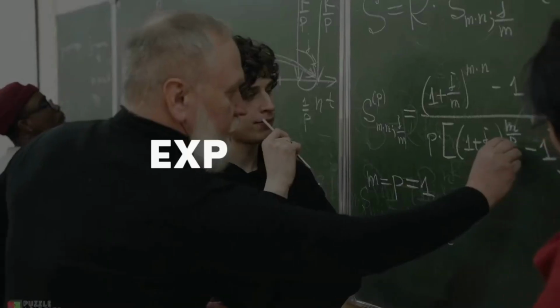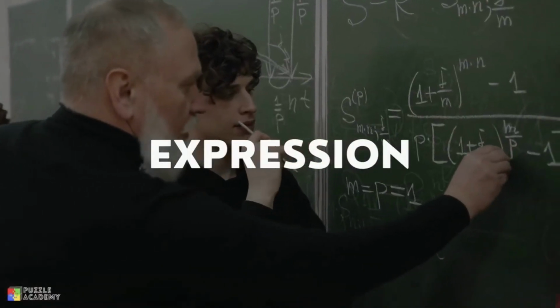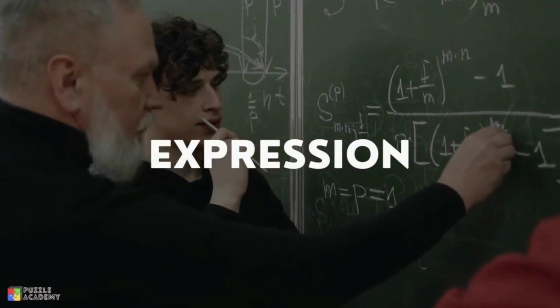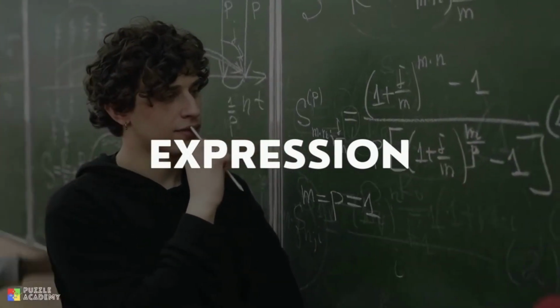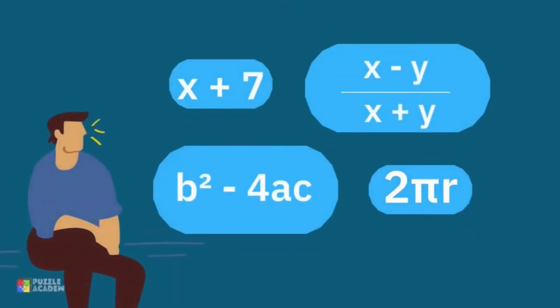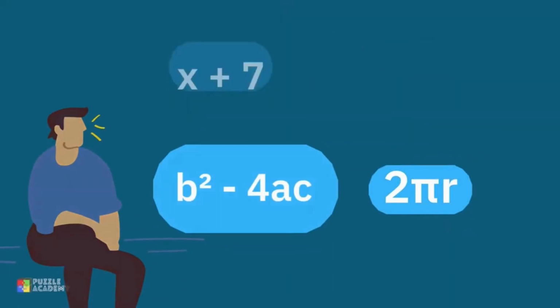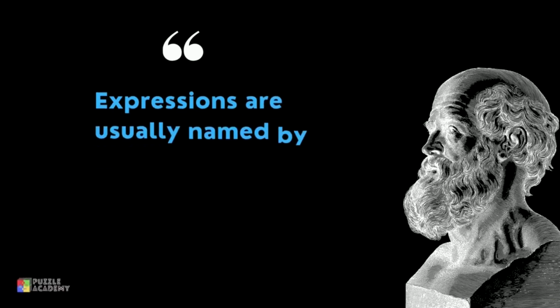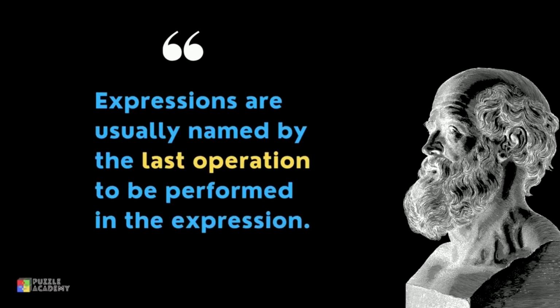The result of combining numbers and variables with ordinary operations of arithmetic is called an algebraic expression, or simply an expression. Algebraic expression examples are as follows. Expressions are usually named by the last operation to be performed in the expression.